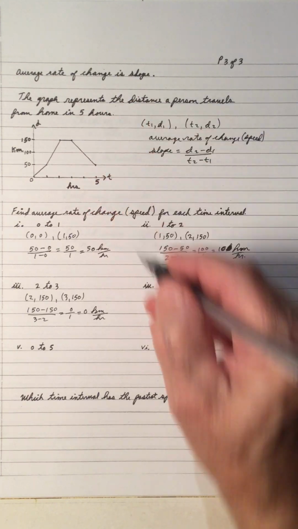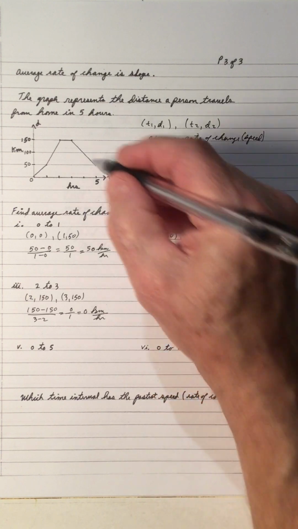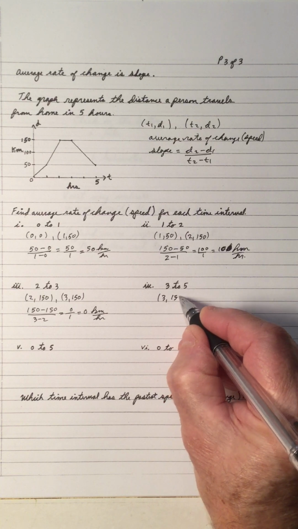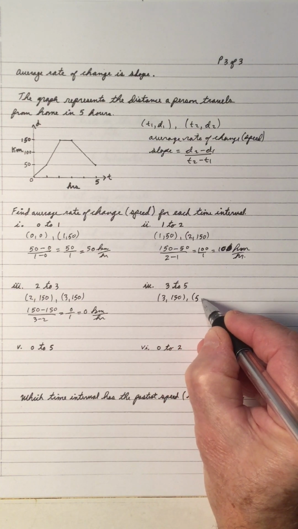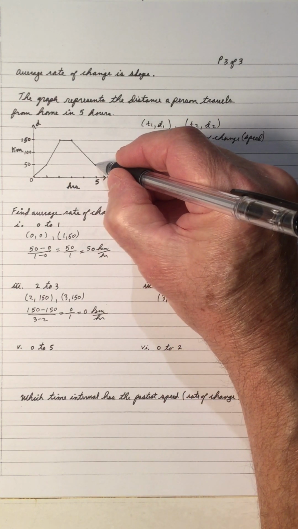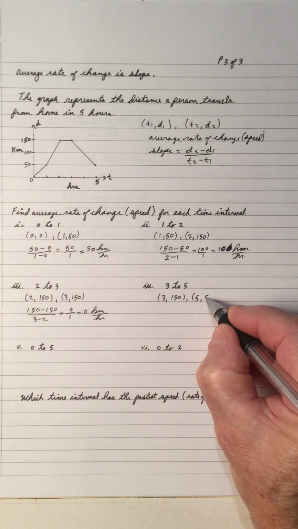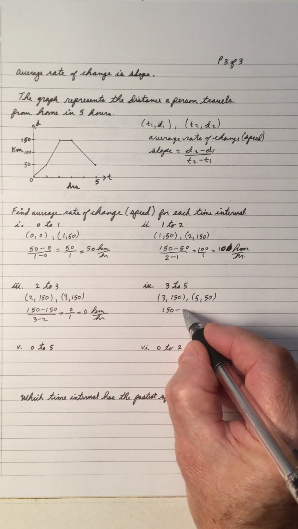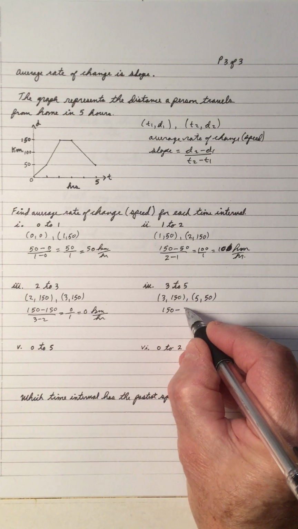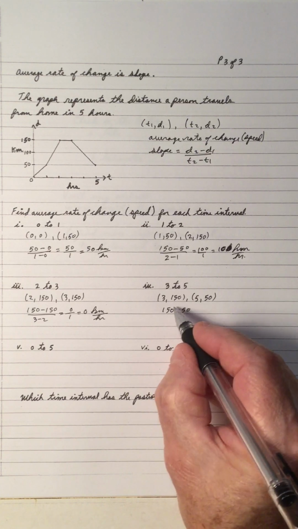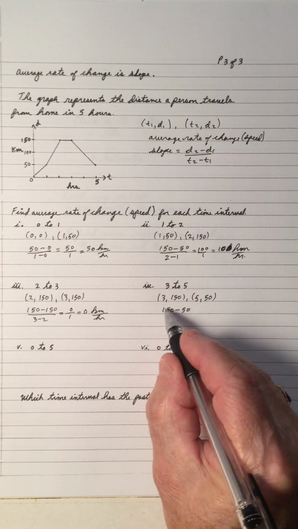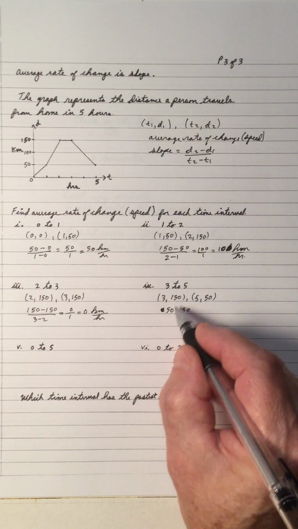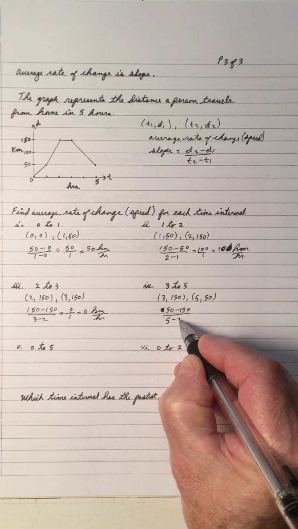What about from 3 to 5? At 3, he's 150 kilometers away from home. And at 5, he's 50 kilometers away from home. So that's 50 minus 150 over 5 minus 3.